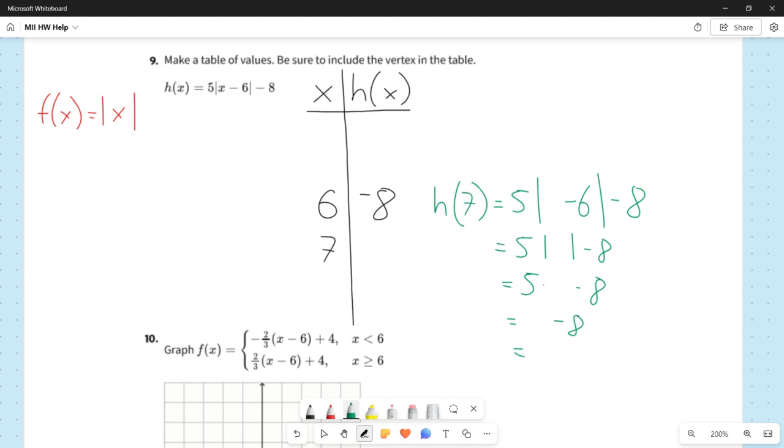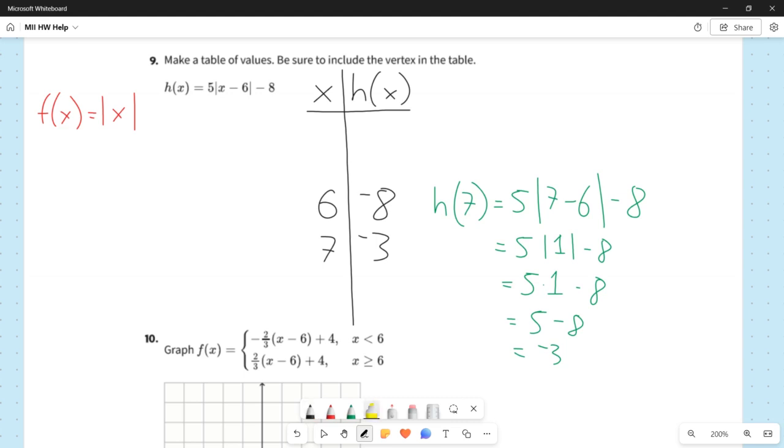That's going to equal 5 times the absolute value of 7 minus 6, close absolute value, minus 8. 7 minus 6 is 1. So 5 times the absolute value of 1, minus 8. Absolute value of 1 is 1. 5 times 1 is 5. And 5 minus 8 is negative 3. So you plug in a 7, you get negative 3.